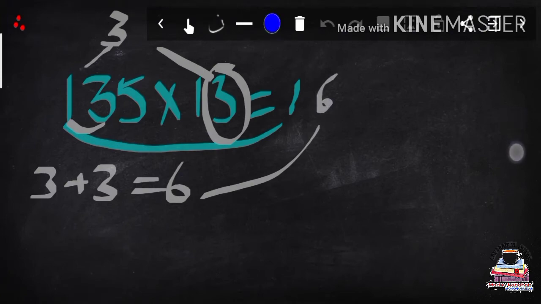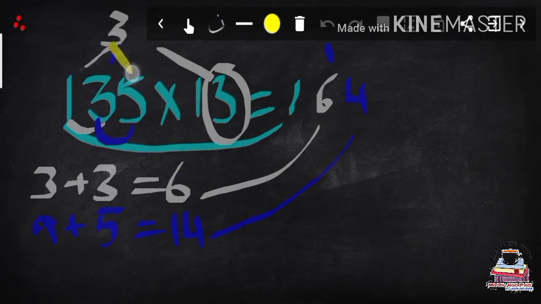And to get the next digit, again I multiplied 3 with the second digit of the given number, that is 3. 3 into 3 is equal to 9, and then I sum up with the next digit, that is 5, so we got 14. In 14, I'm taking 1 as carry and writing 4 over there.